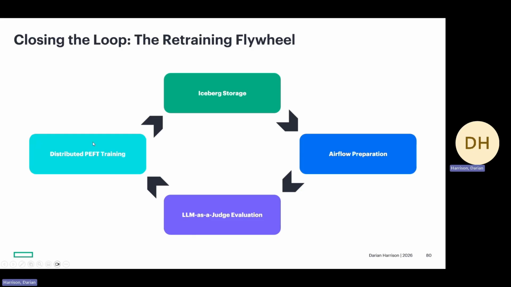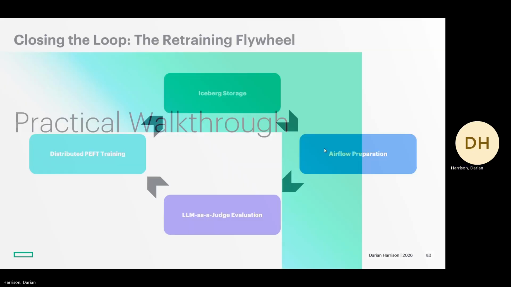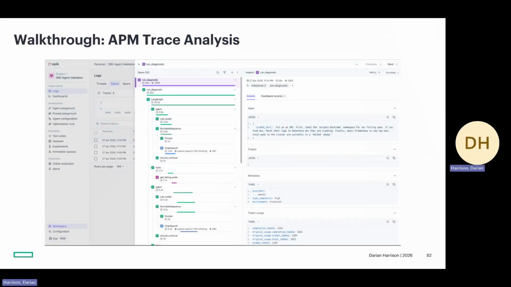So that's what it may look like for fine tuning your model. All right. We already covered all of these concepts, except maybe Airflow, which is a data engineering pipeline.